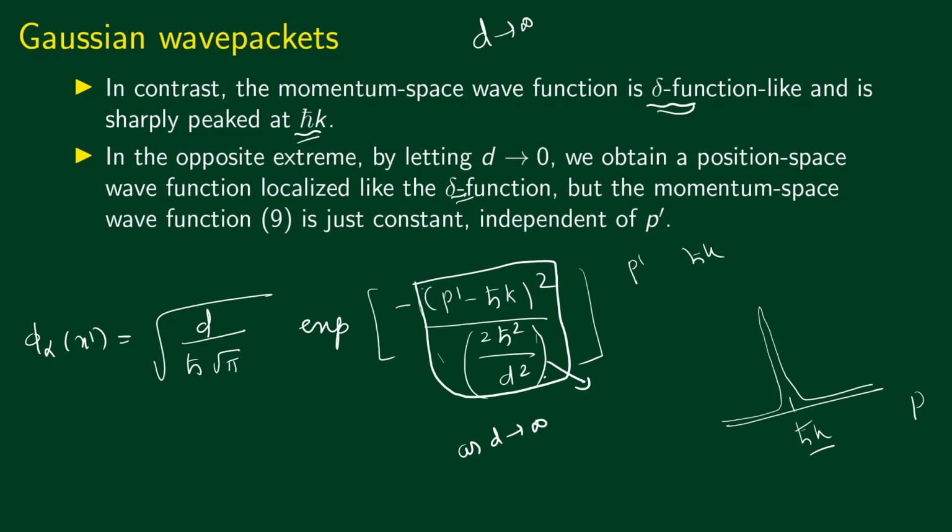So, when d tends to 0, this exponential will tend to 1, and we simply get a constant probability for every value of p. So again, the momentum space wave function remains a constant independent of p prime, just like we discussed in the case of the position space wave function when d tends to infinity.